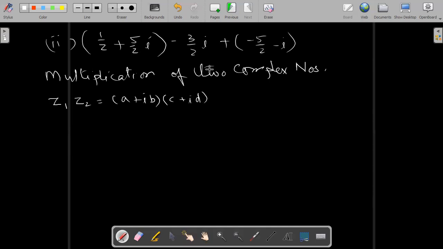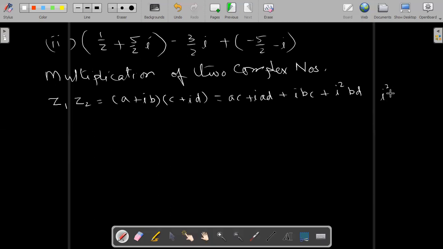You can go through simple multiplication: multiply A with C, so this will become AC plus AD iota, then multiply B, so this will become iota BC, and plus iota squared BD.